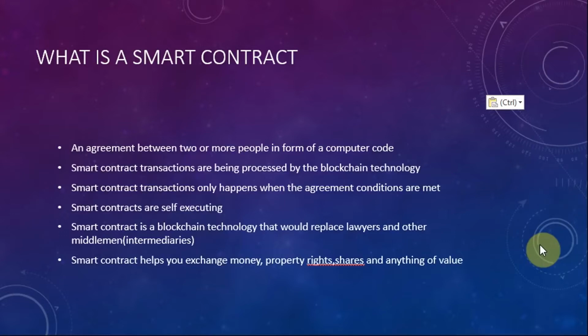And then anything of value: intellectual properties, any kind of property, physical properties, voting rights, share allocation in a company, equities, and all that can be exchanged via a smart contract. So that is one attribute of what makes a smart contract a smart contract.